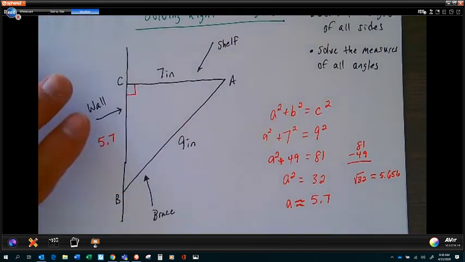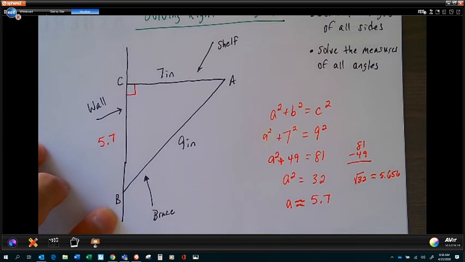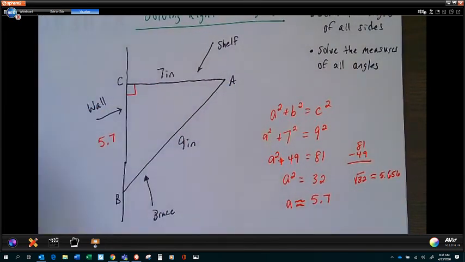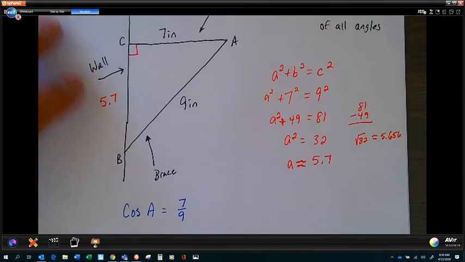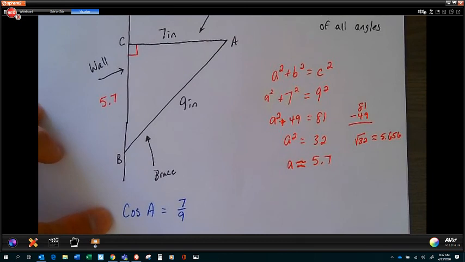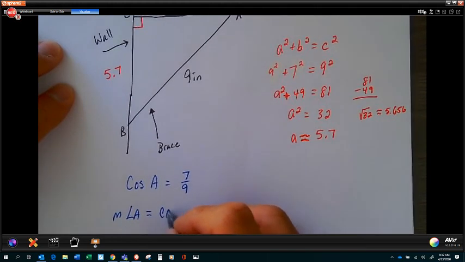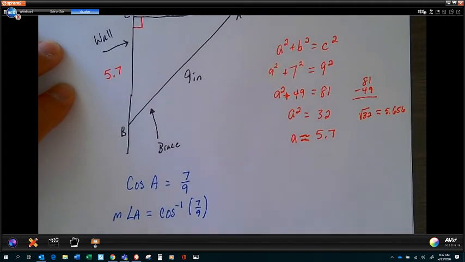It really doesn't matter which one we find first. It just matters if we use B, it has to be sine. We use A, cosine, because we are given these two values. So using the cosine, because I'm going to go ahead and solve for A, I use the cosine of A. Then because we're finding the measure of angle A, the measure of angle A is going to be equal to the inverse cosine of that ratio.